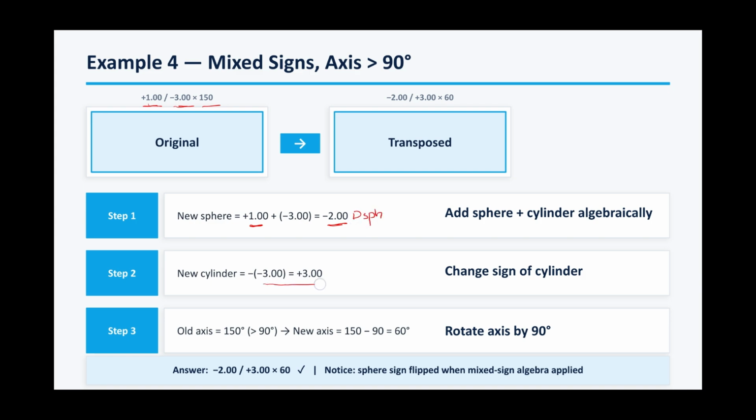We change the cylinder from minus to plus, so this becomes the new cylinder. Rotating it by 90 degrees: since it is more than 90, we deduct 90 from 150, which gives 60 degrees. So our final prescription is -2 sphere plus 3 cylinder at 60 degrees. This is the transposed new prescription.